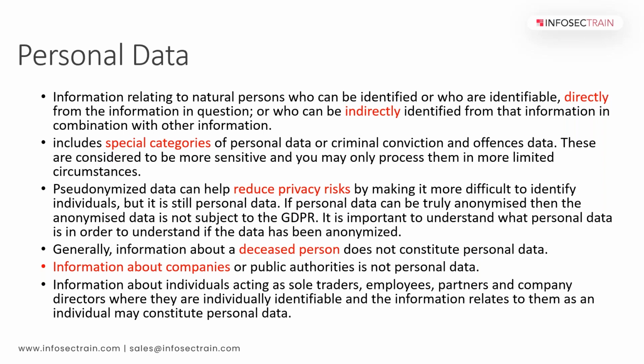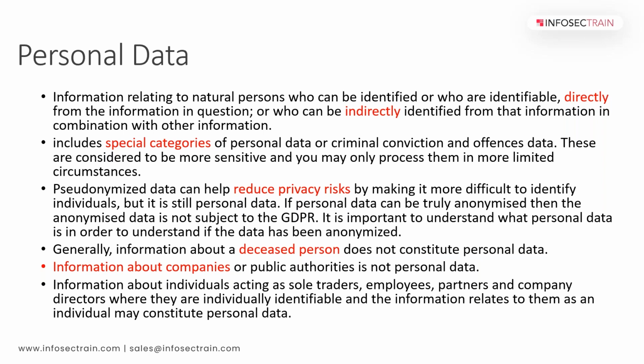The processor runs that and gets the output, so the processor will never know whose data it is. When it comes back, the controller will know about it. That is what is called pseudonymization. You give some unique ID to every security number, so that when it comes back, based on the mapping, you remap it.